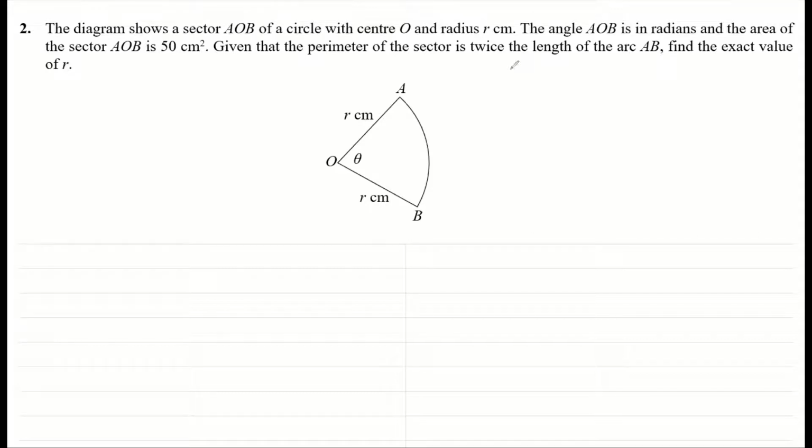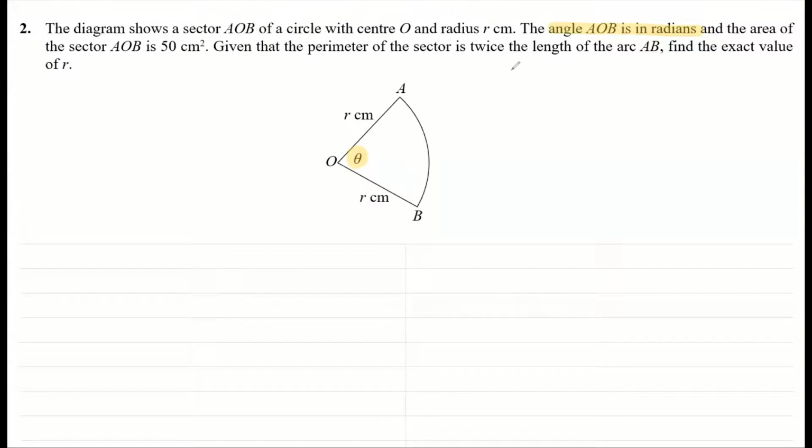Okay, so let's just read through the information that's been given and see what we can do with it. So it says the diagram shows a sector AOB of a circle with center O and radius r centimeters. Now the angle AOB is in radians. Okay, that's important. So this angle here is in radians, and the area of the sector AOB is 50 centimeters squared.